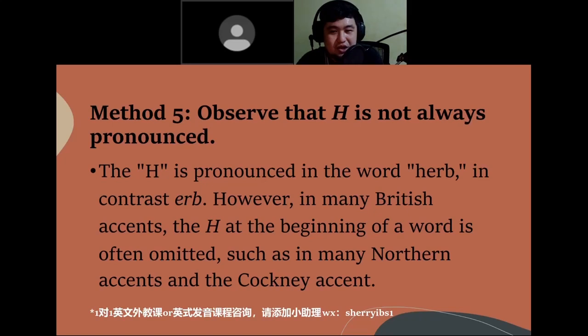In contrast, in many British accents, the H at the beginning of a word is often omitted. Okay, so what does omitted mean? It means it's removed. It's not considered. So it means such as in many northern accents and the Cockney accents.